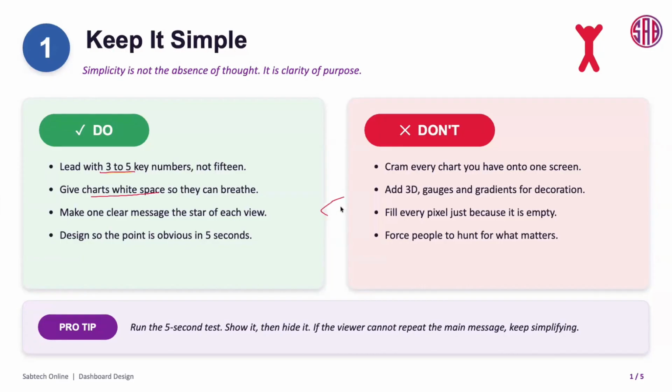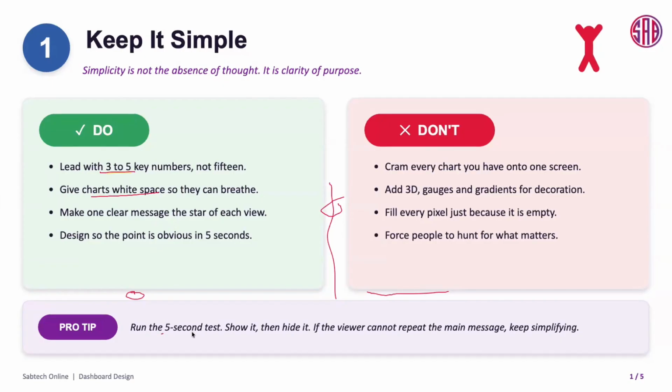I remember telling you that these white spaces you're seeing in your dashboard are so important. Make one message clear. Make sure every visual represents something. Then design so the point is obvious in 5 seconds.